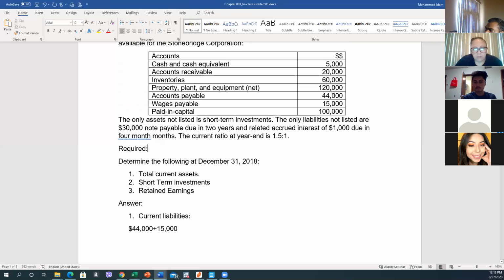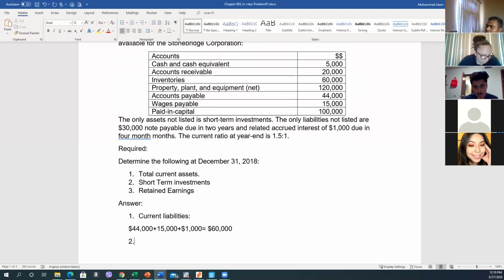The note payable? The note payable is due in 2 years, so this is not current. Just the accrued interest then? Exactly. So it is saying 1,000 interest due in 4 months. So this is the current liability. Okay. So this total should be equal to how much? 60.